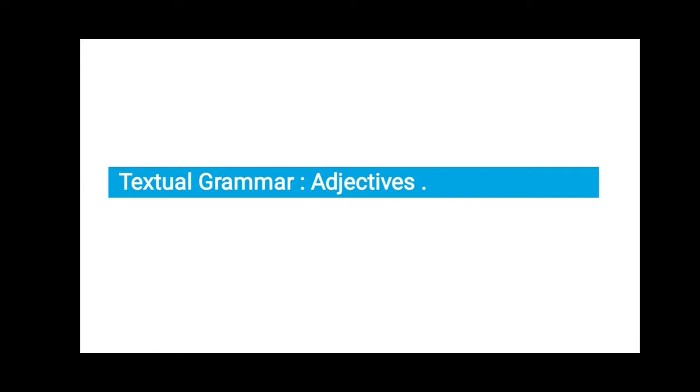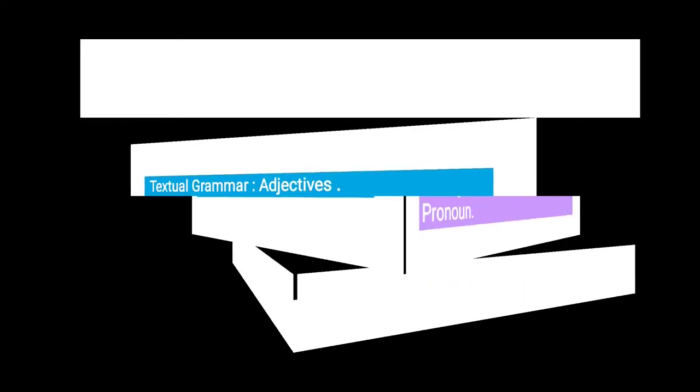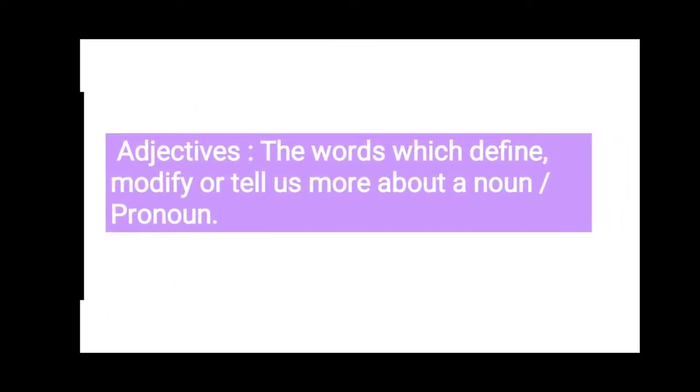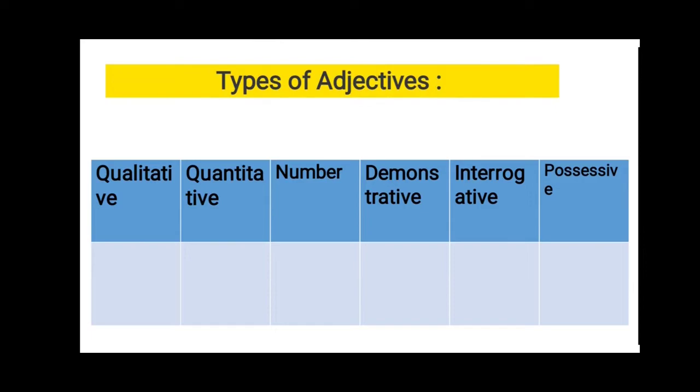And student, since the last few days, we have been discussing textual grammar, that is, adjectives, from where we learned that adjectives are the words which define, modify, or tell us more about a noun or a pronoun. We also got to know the 6 types of adjectives, which are qualitative, quantitative, number, demonstrative, interrogative, and possessive.